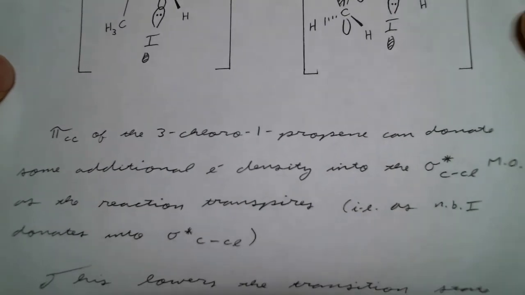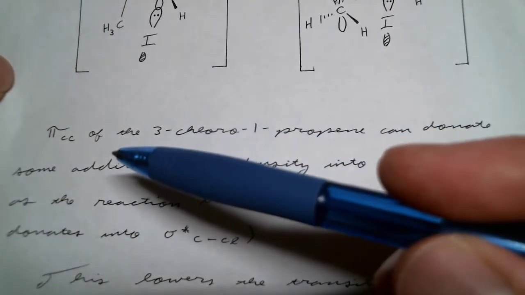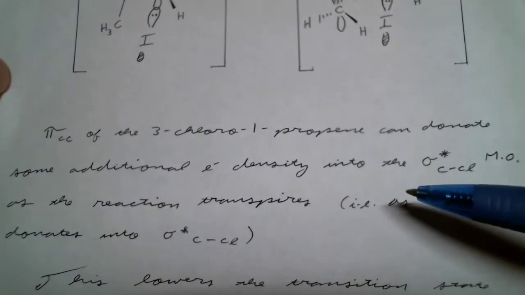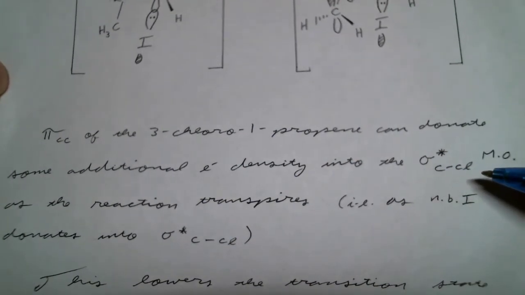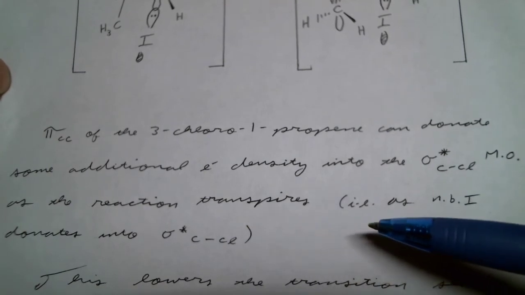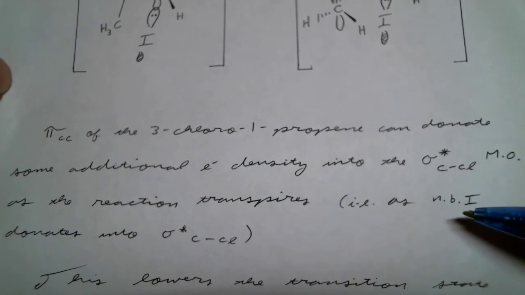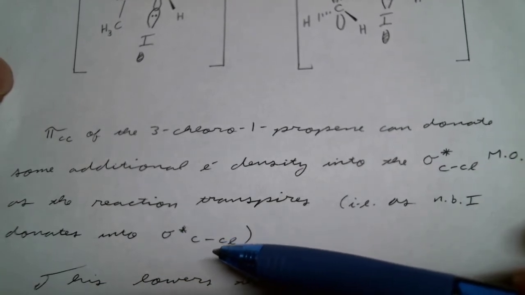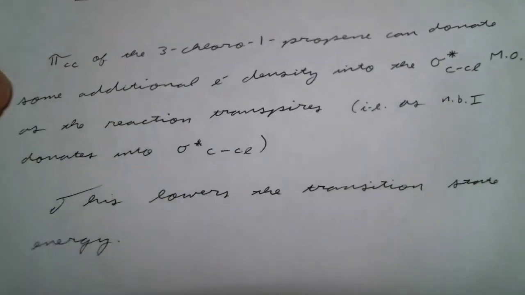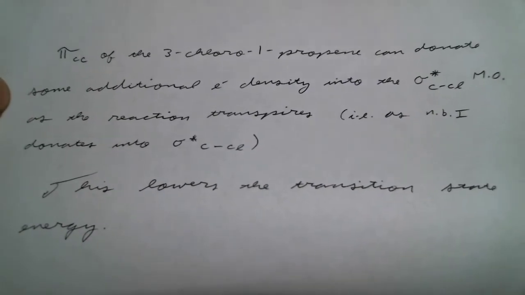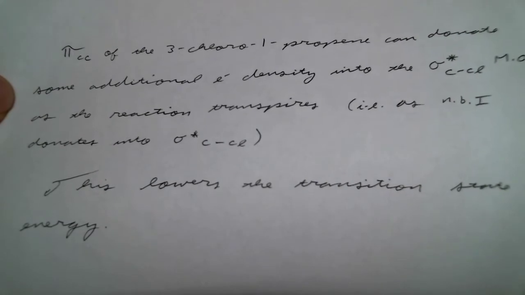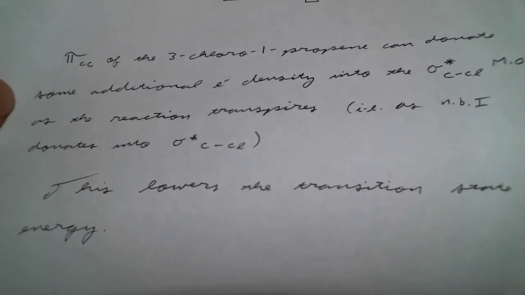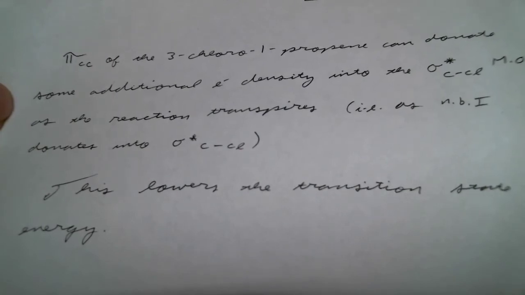So what do I say in words about this? I say the pi carbon-carbon bond of the 3-chloro-1-propene can donate some additional electron density into the sigma star carbon-chlorine molecular orbital as the reaction transpires. That is, as the non-bonding pair of electrons on iodide donates into the sigma star carbon-chlorine molecular orbital, and that lowers the transition state energy, so it makes it go faster, which is why we record a rate that's 73 times faster than the reaction of iodide with 1-chloropropane.